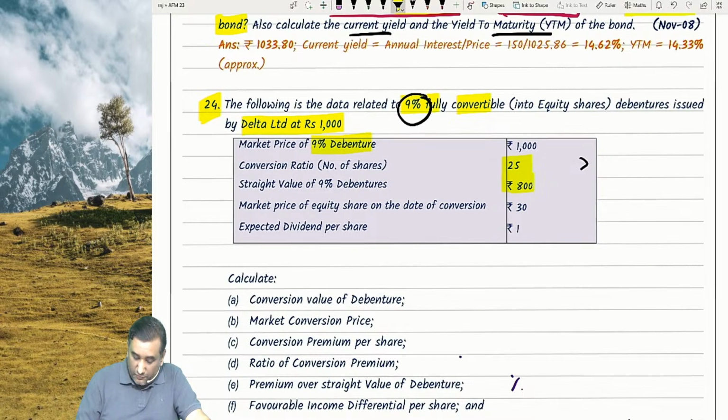Trade value of 9% debenture. Market price of equity share on the date of conversion 30. Expected dividend 1. Conversion value of debentures: how much is the market price of the share? 30 into what? 25. How much do we get?